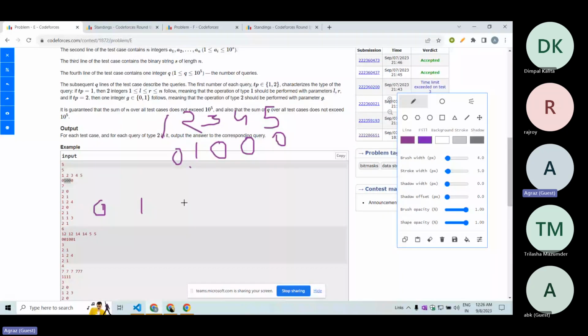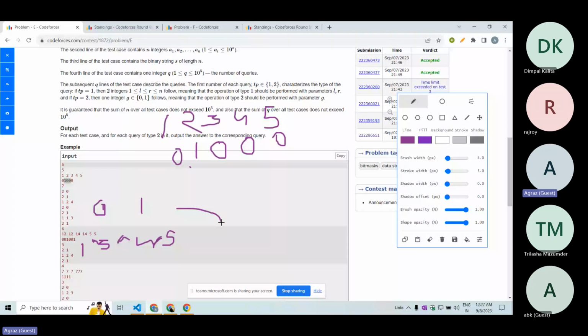For example, the XOR of 1, 3, 4, 5 for the zeros, and 1 here only exists for 2.